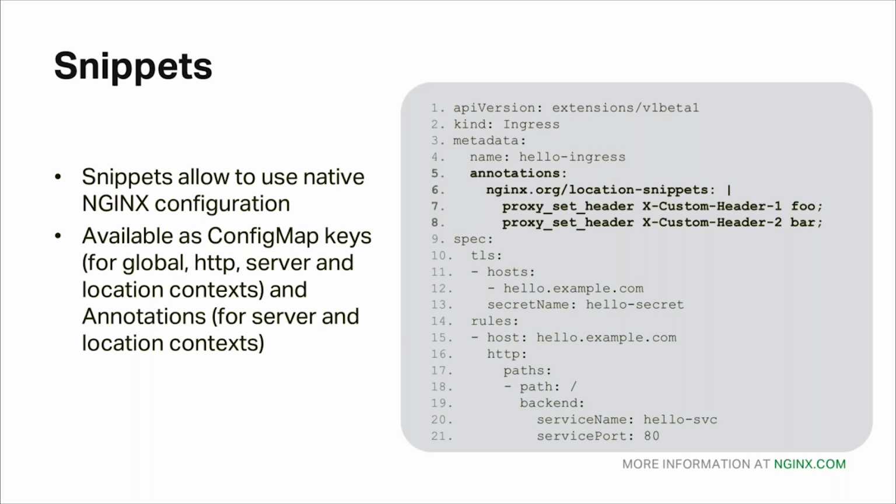In the example here, we use snippets to insert configuration into the location context. This configuration makes NGINX set additional headers when it passes a client request to the backend. If you want to use some advanced NGINX features and you cannot find an annotation for it, snippets become extremely handy. However, you need to learn some NGINX configuration.